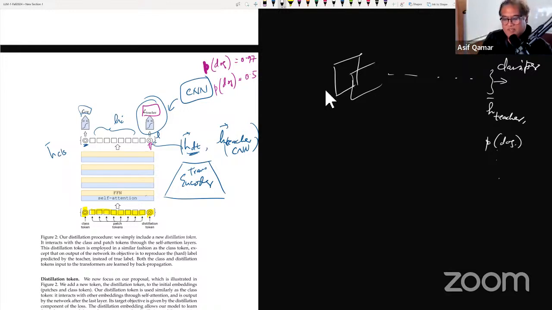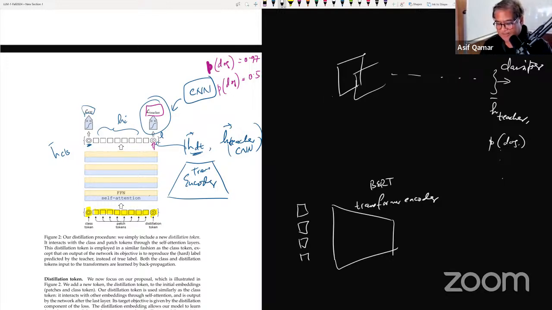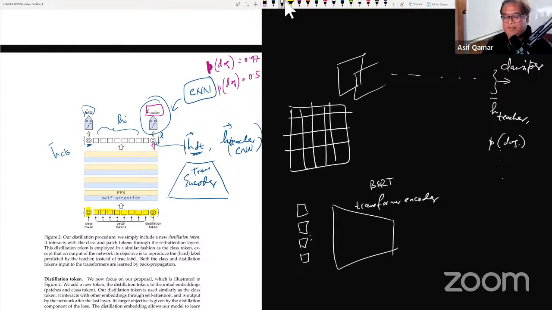You keep it. Now, what you do is you create this transformer-based encoder. In particular, think BERT-like structure, except that you give it patches of images. You take one image and you slice it up into patches.